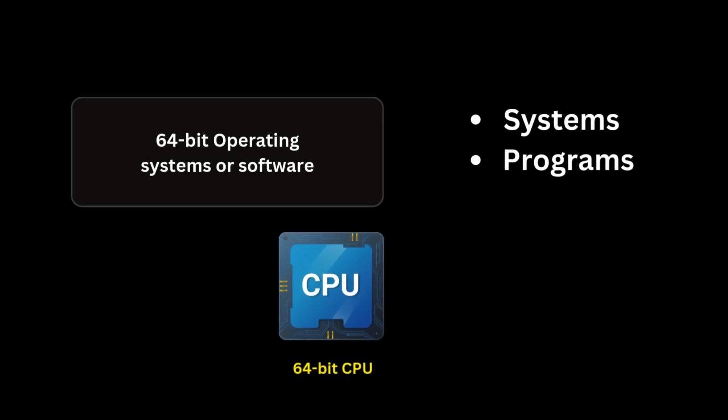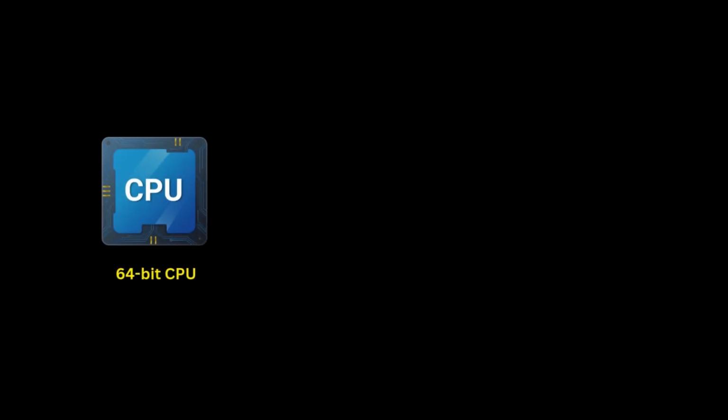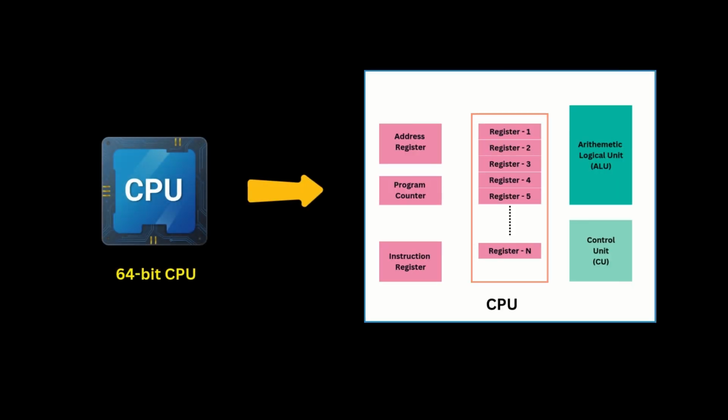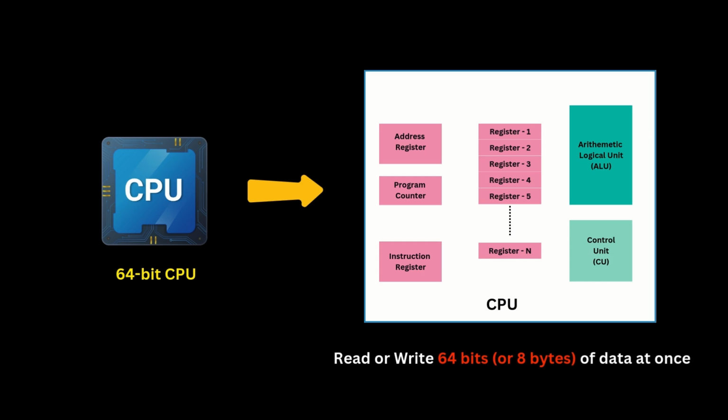When we talk about 64-bit operating systems, or software, we're referring to systems or programs designed to run on a 64-bit CPU. A 64-bit CPU means that the general-purpose registers of the processor are 64 bits wide. This allows it to read or write 64 bits or 8 bytes of data at once.